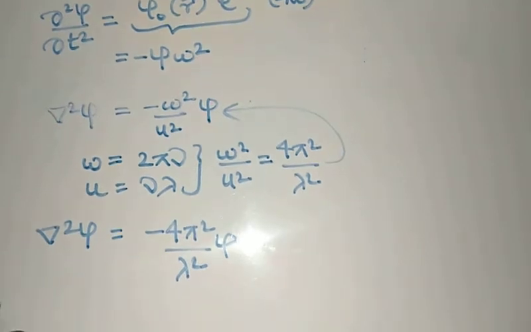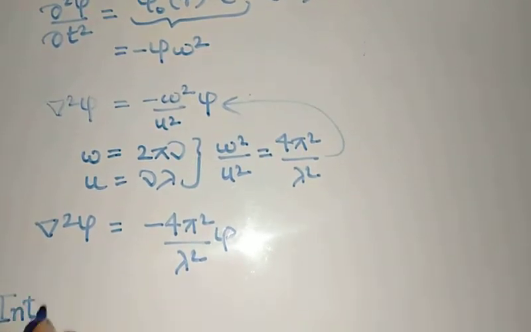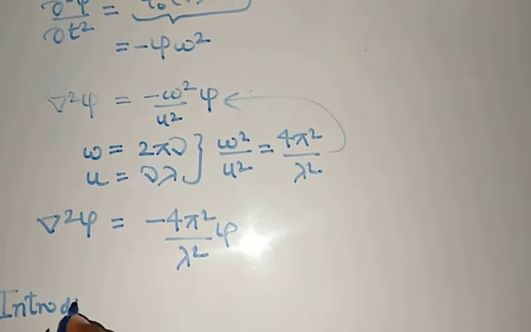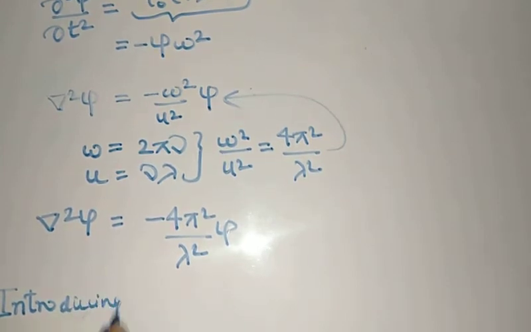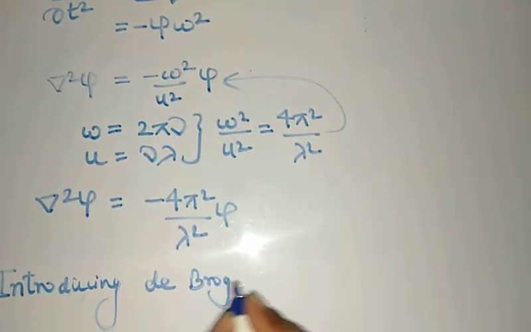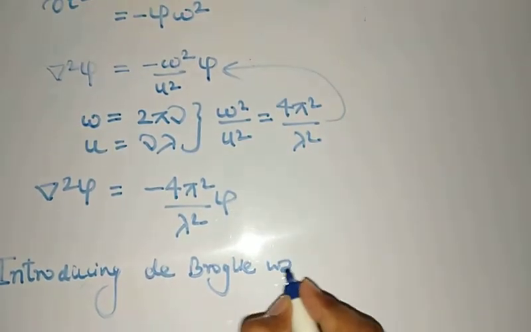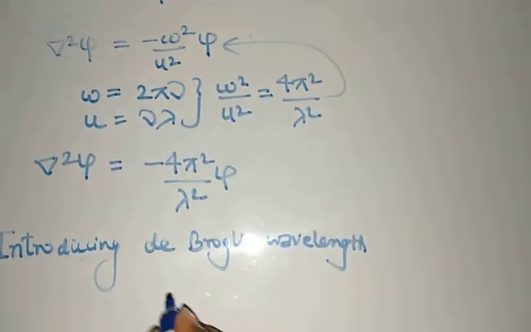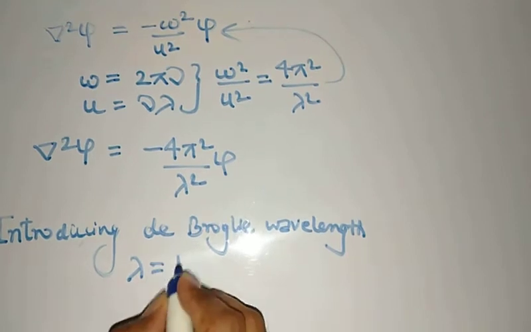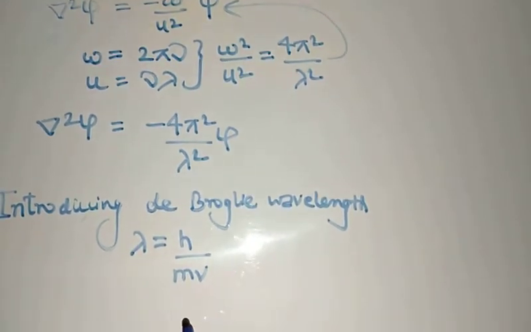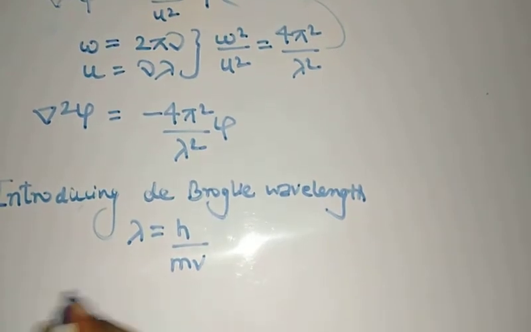Now introducing the de Broglie wavelength. For this we will use lambda is equal to h upon mv, where h is Planck constant.